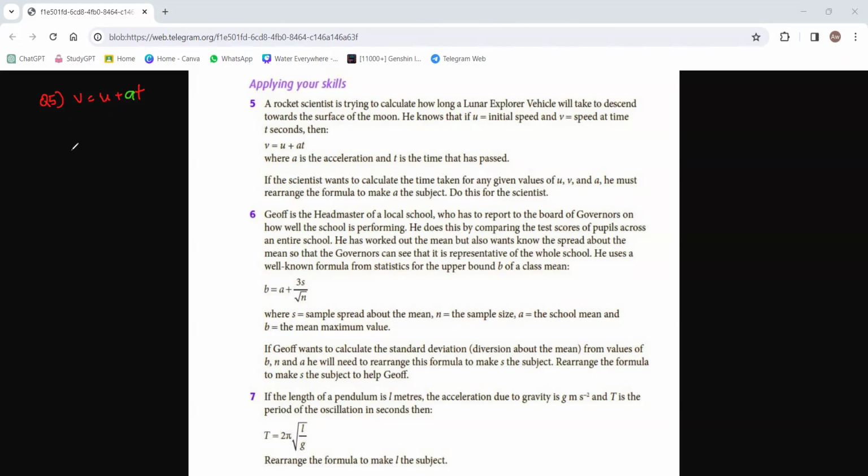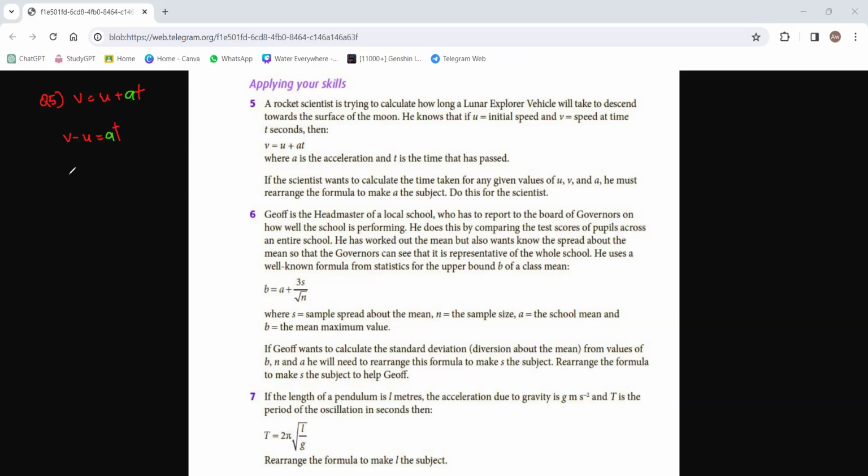So move to the v side, we will get v minus u equals at. So we know that here at is also equivalent to a times t. So if times moves to the v minus u side, we will get divide.